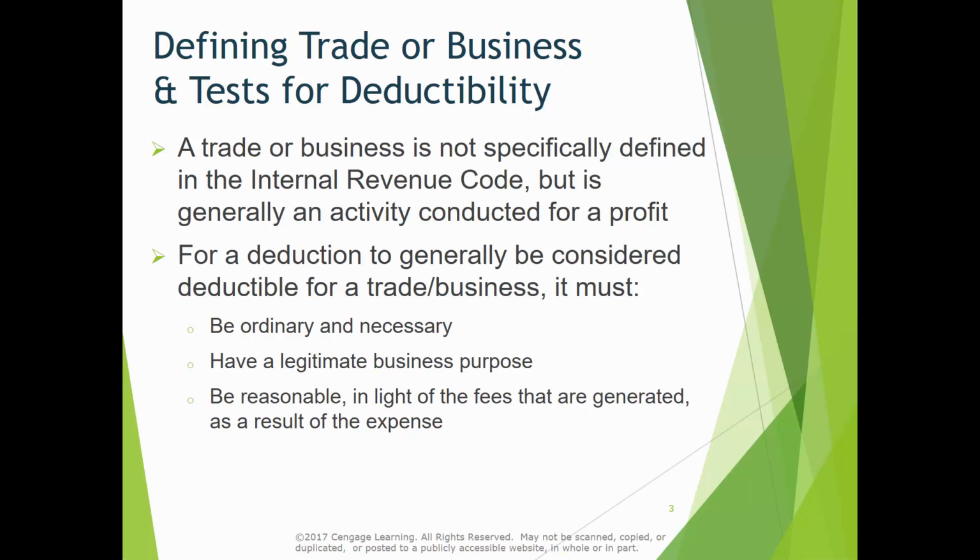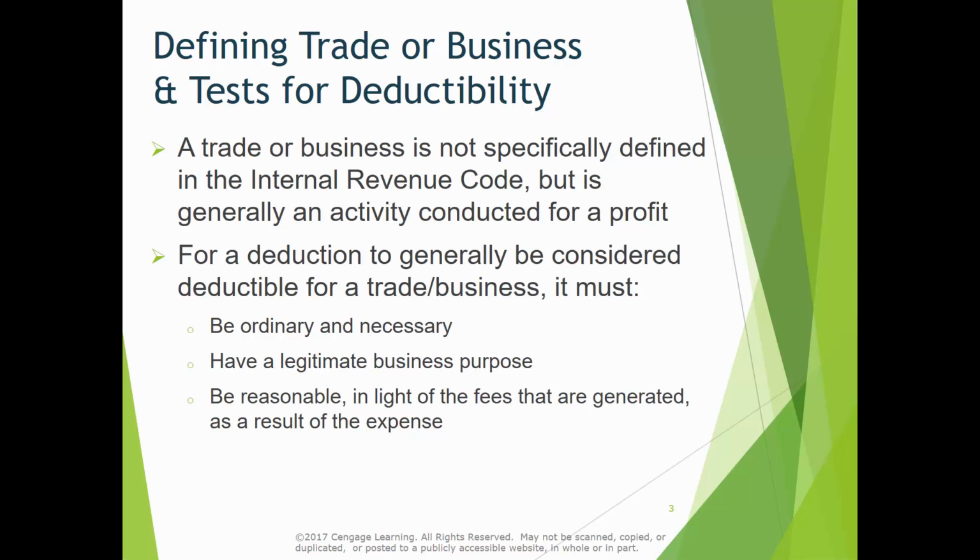For a deduction to be deductible, it's got to meet all 3 of these criteria. It's got to be ordinary and necessary. That's got a wide interpretive lens, as you can imagine, because what might be ordinary and necessary to take a client out to eat in Missoula, Montana might not look at all like that in Manhattan. It's got to have a legitimate business purpose.